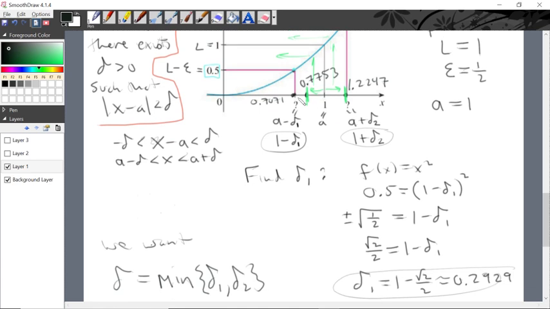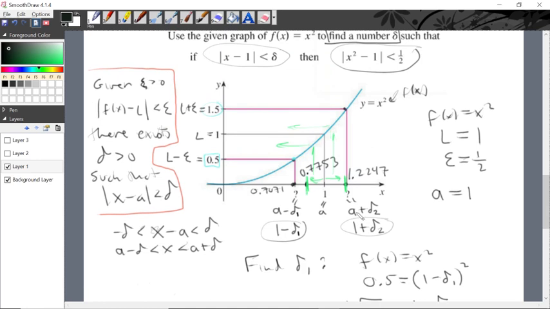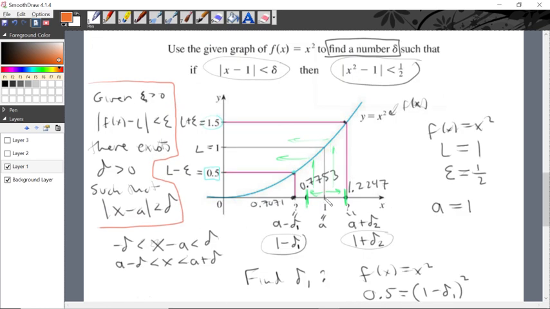If we had selected this delta 1, 0.2929, it would have allowed for us to go 0.2929 to the right as well, which potentially could have pushed us outside of this range. 1.2929 would be out here, for example. Well, if this is 1.2247, then 1.2929 is to the right of that.